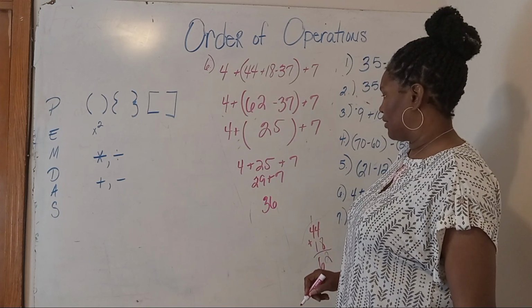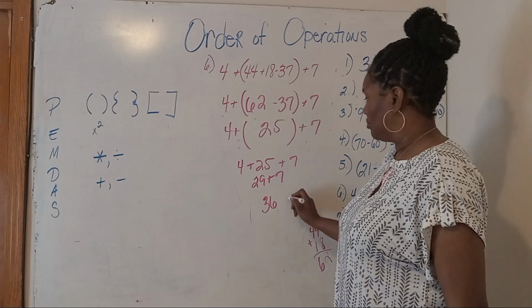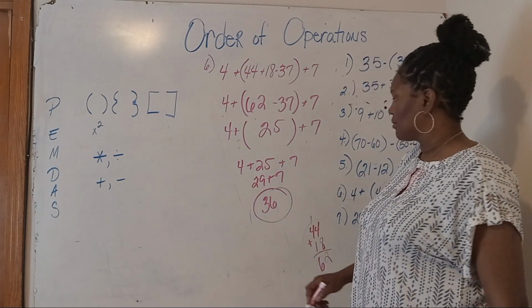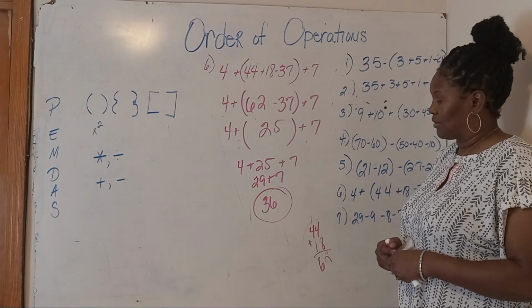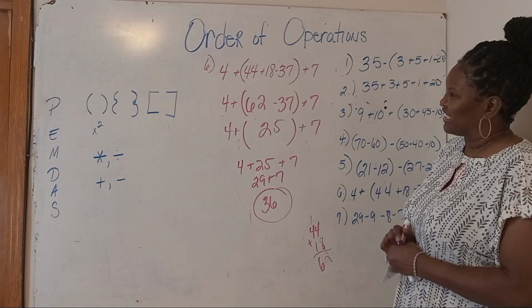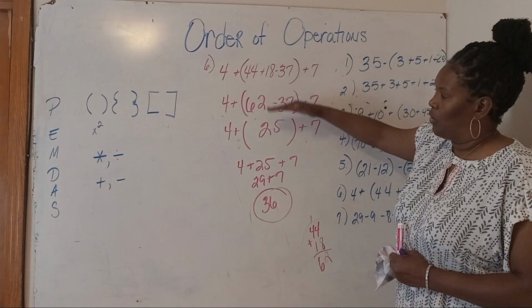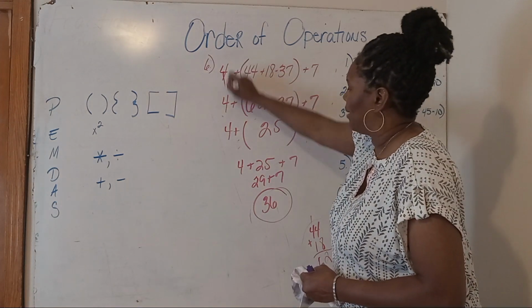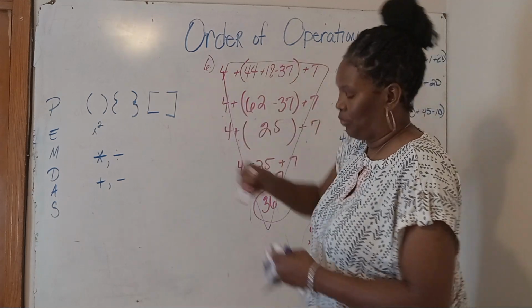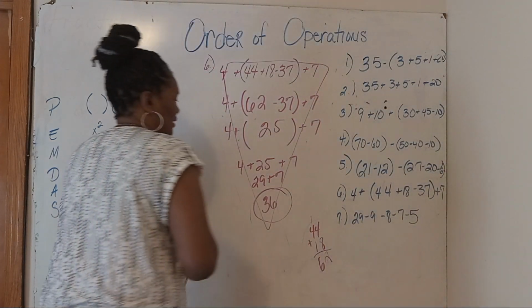Yeah, it's 36. So that's my answer. Again, we just work one little piece of the problem at a time. We got our Dorito. All right?